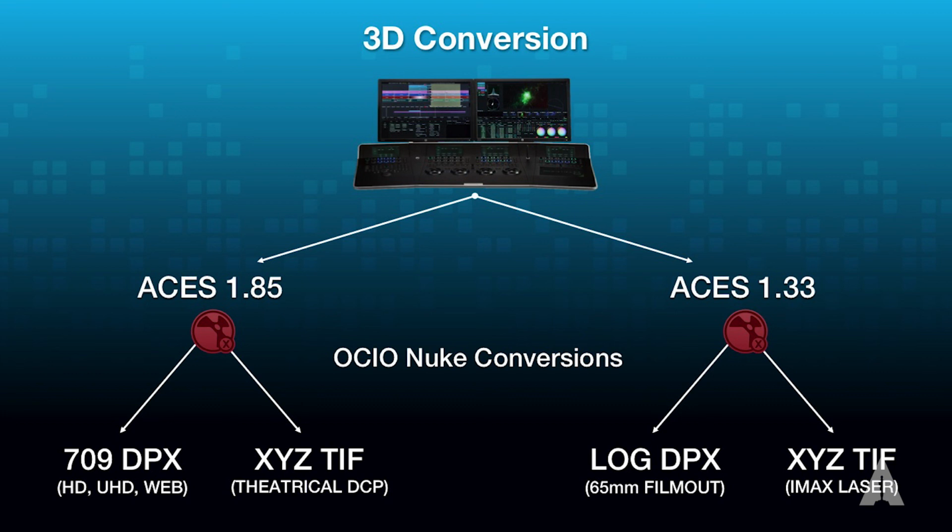From that, those 2 masters then go through our Nuke render farm and through the OCIO conversions. Using OpenColorIO, we can make 709 DPXs that are your HD source, your UHD source, anything for Vimeo, YouTube, whatever web. And from the 1.33, we generate log DPXs for film out, and then XYZ TIFFs for the IMAX laser.